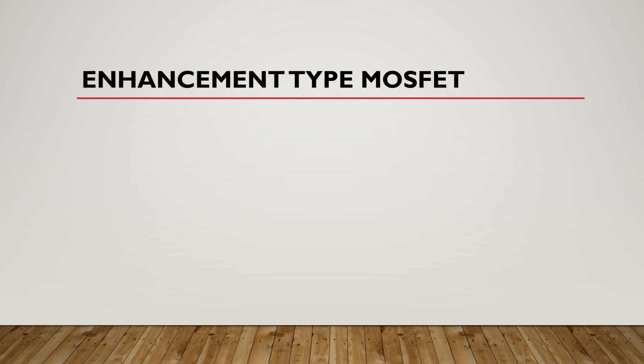This E-type MOSFET is the more common type of MOSFET, which is the reverse of depletion type MOSFET. It means in this enhancement mode, the device is normally off or non-conducting when the gate bias voltage VGS is equal to 0.